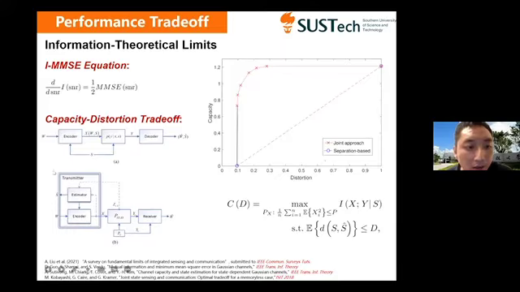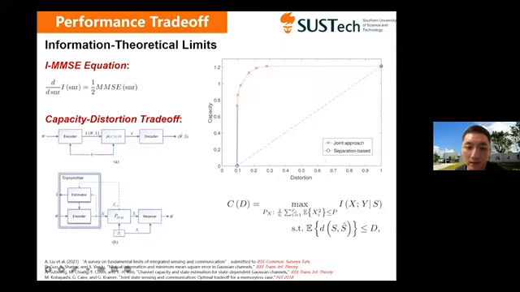By using this system setting, they have defined this capacity distortion trade-off, or CD trade-off, as an optimization problem to maximize the mutual information between X and Y given the state S, subject to the distortion metric: the expectation of the distortion between S and S hat should be less than some threshold.